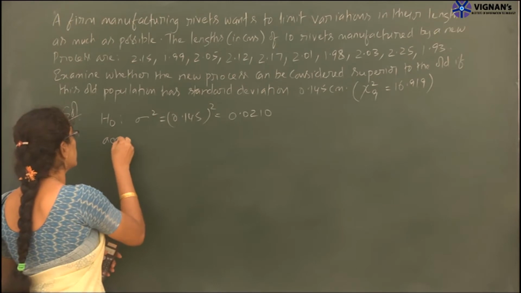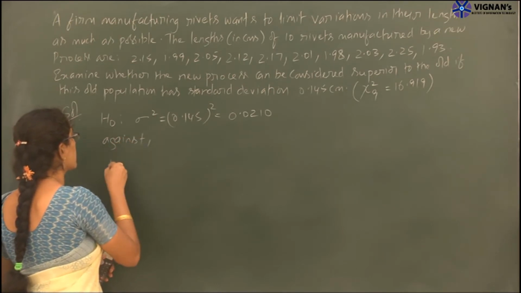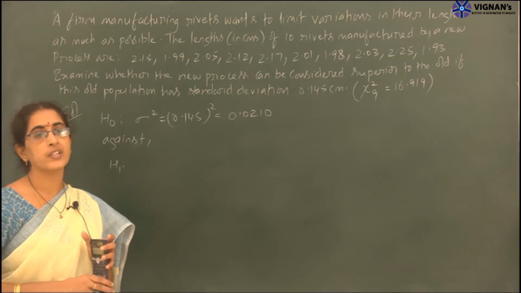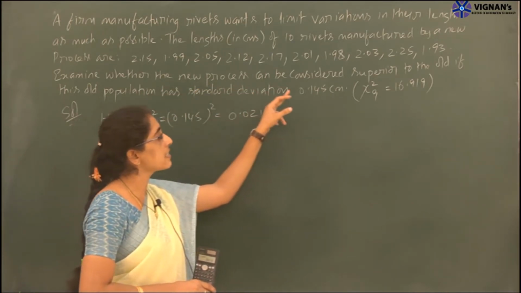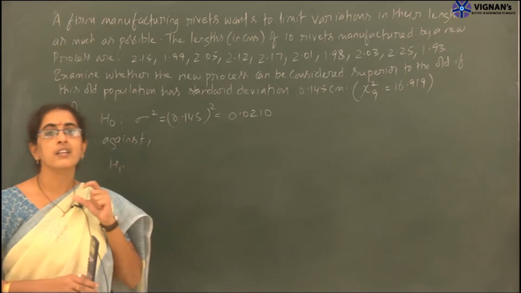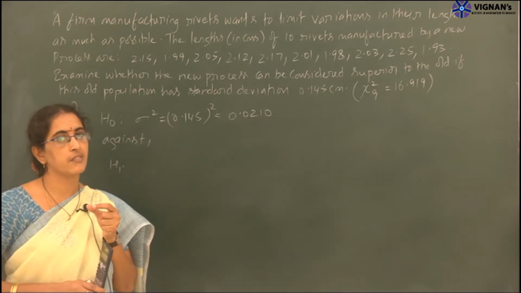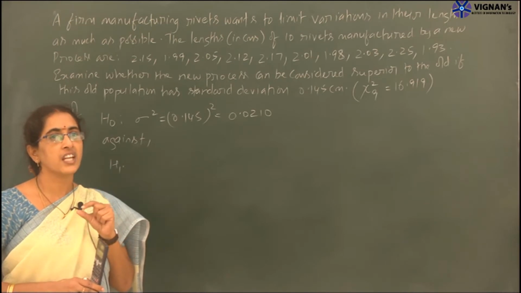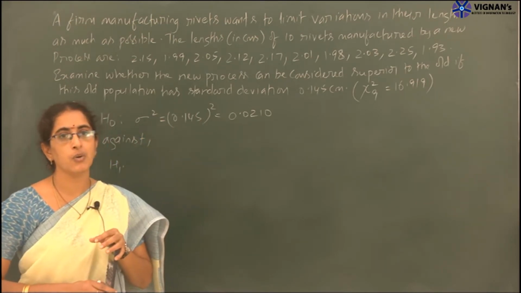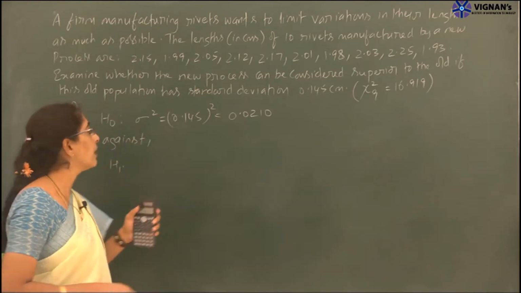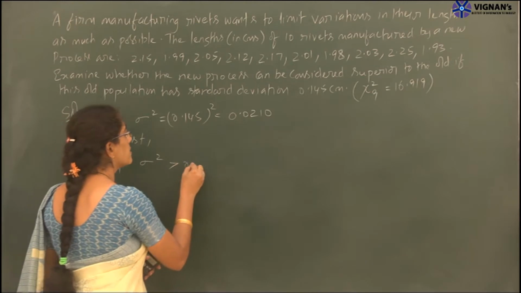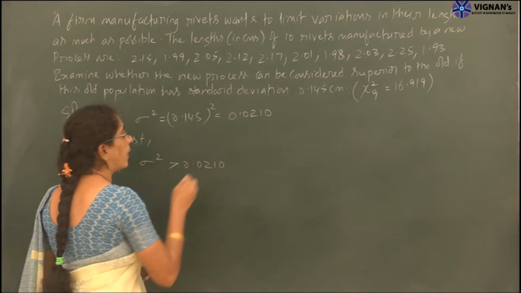Now the alternative hypothesis. In this question they have used a comparative word, that the new process can be considered superior to the old. That means the variation for the new process is superior compared to the old one. So the alternative hypothesis is sigma square greater than 0.0210.